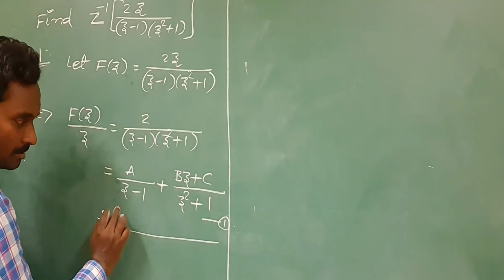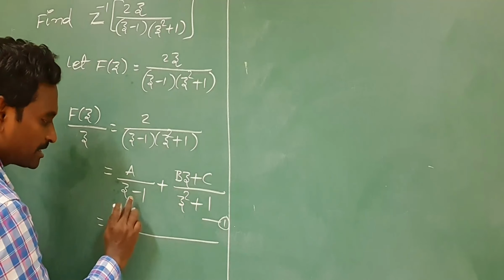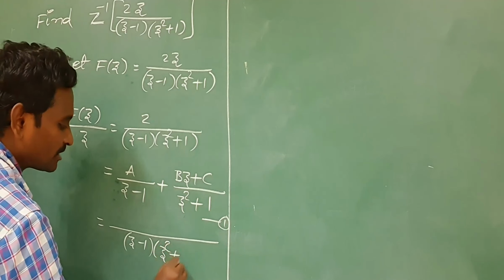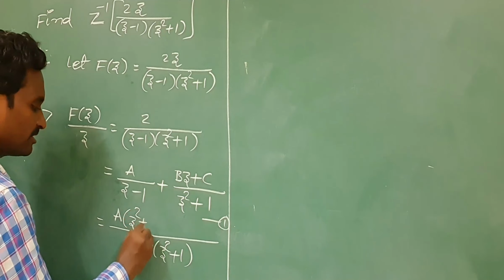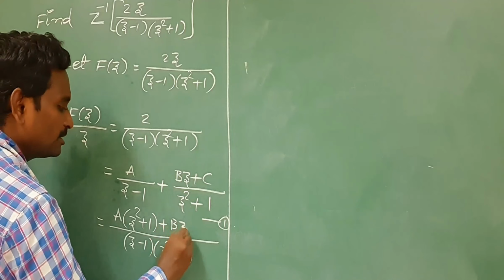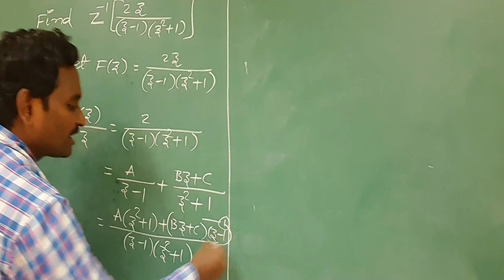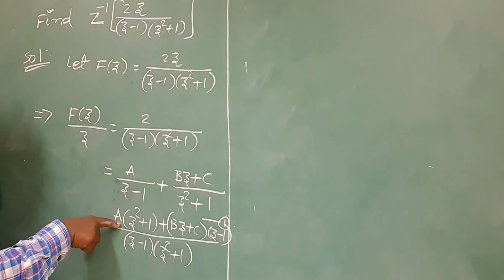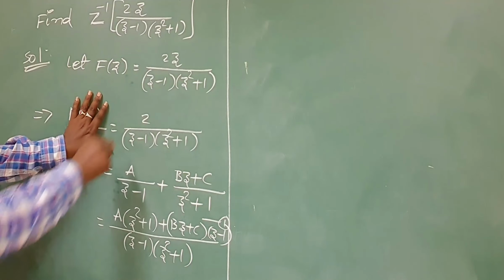What is the LCM of these terms? The product of both denominators: (z minus 1) into (z square plus 1). So a times (z square plus 1) plus (bz plus c) into (z minus 1). So equate the numerators. Here the right side numerator is this one, and the left side numerator is only 2.